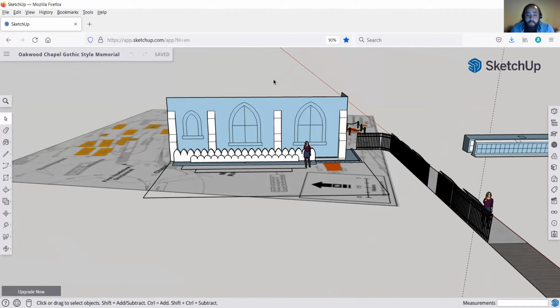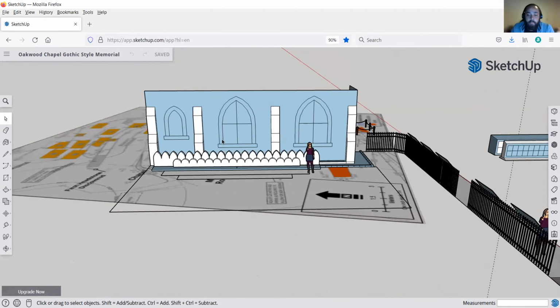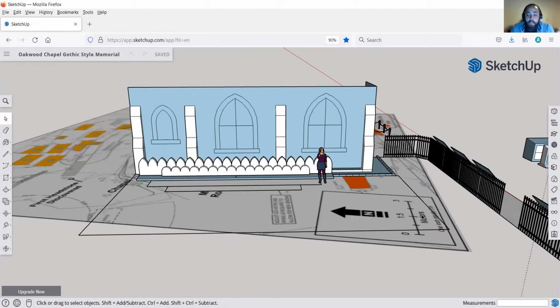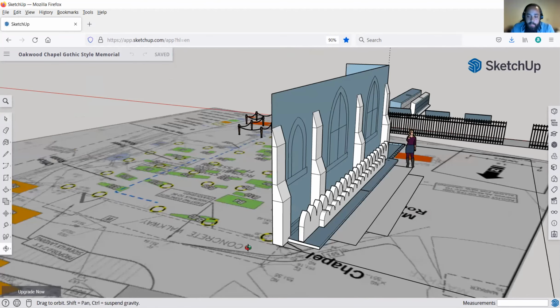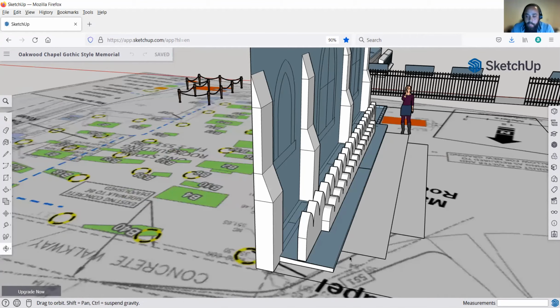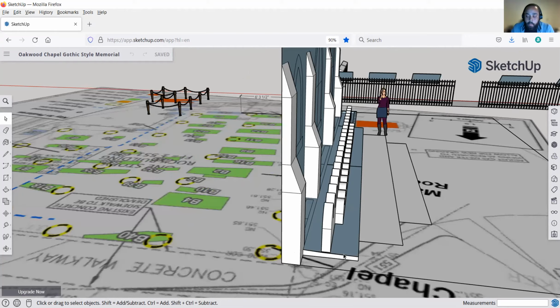This initial design was from Jennifer, and it highlighted taking the Gothic style arches and working that into essentially a monument. This bottom pad, I believe, is about 3 feet wide.